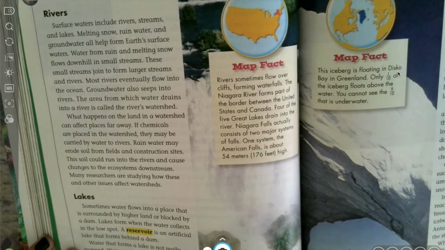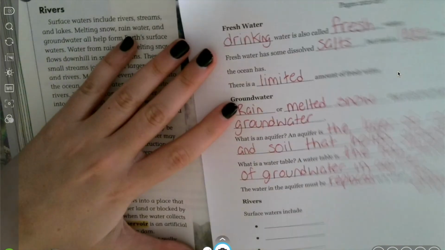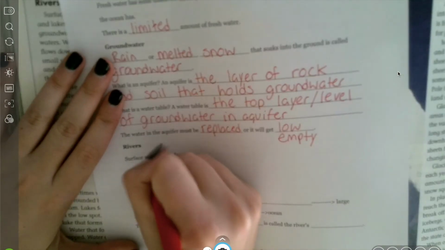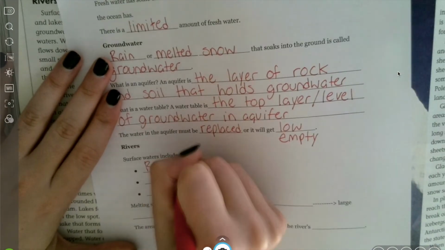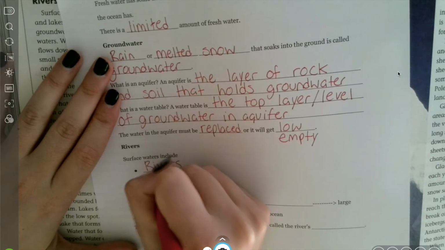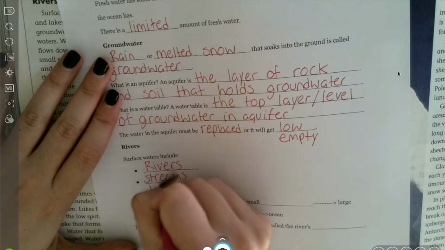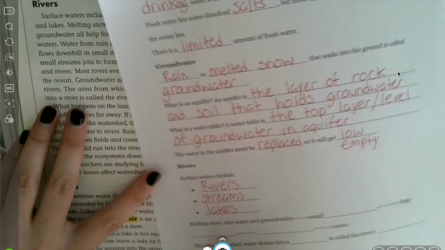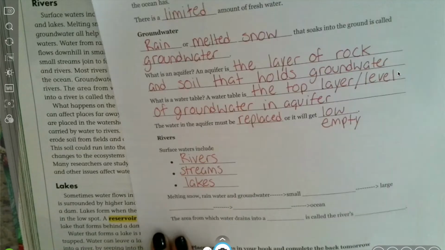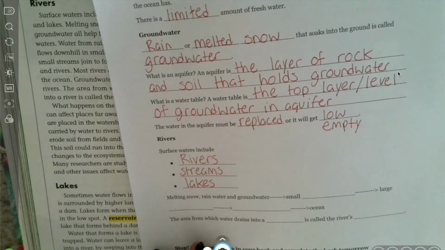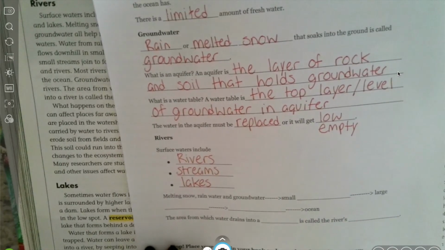So just looking at our notes from that first part, surface waters include rivers, streams, and lakes. And all of those together are made from melting snow and groundwater.